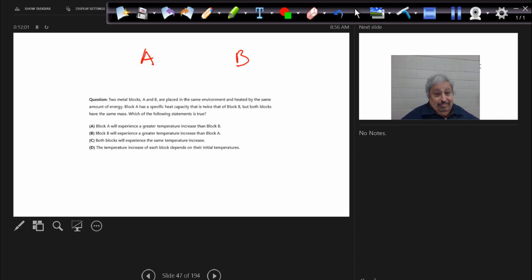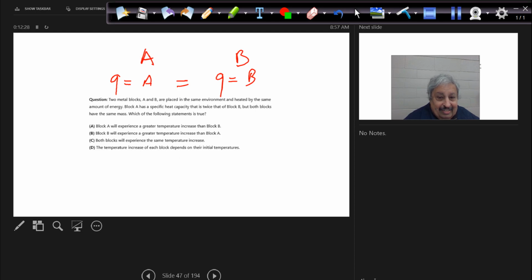So anyway, A and B, two blocks of metal, correct? They are heated with the same amount of energy, so Q of A equals Q of B. The only thing different is specific heat.